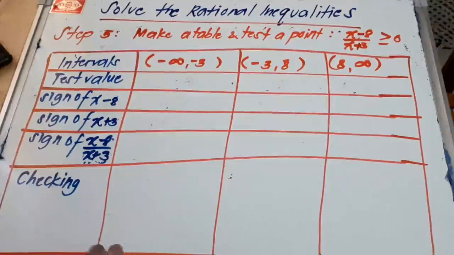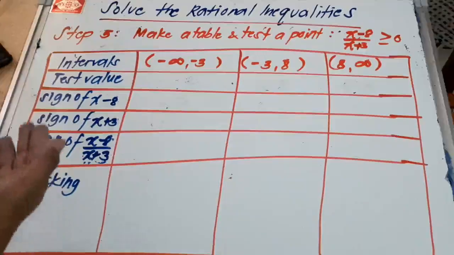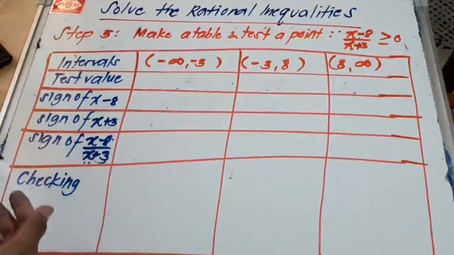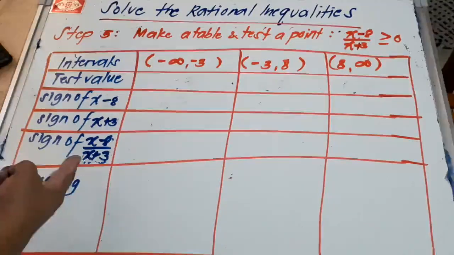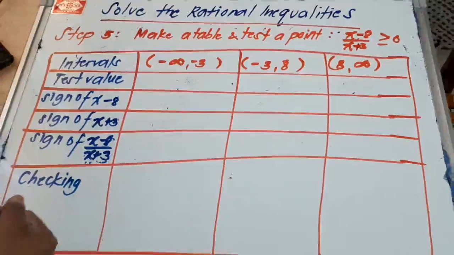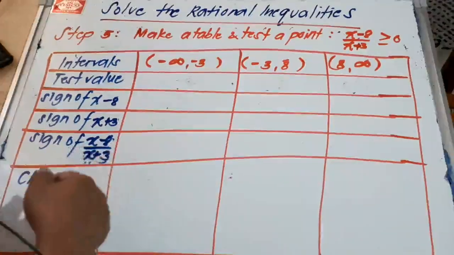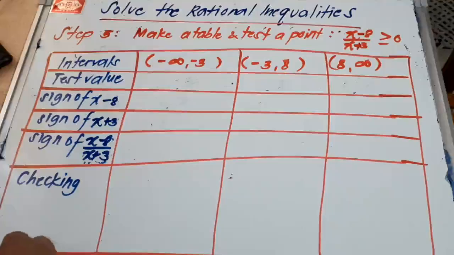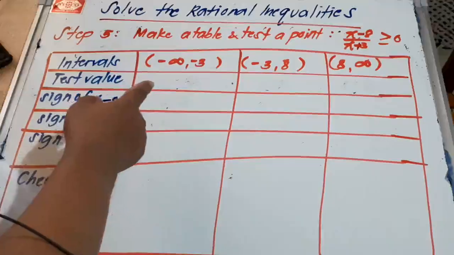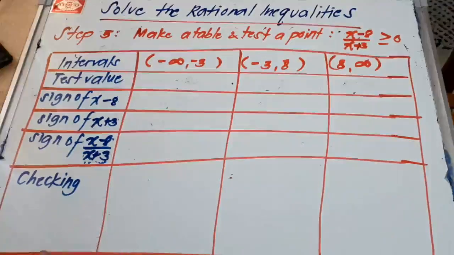Yung table natin consists of the following: intervals, test value, sign of x minus 8, sign of x plus 3, and sign of the quotient, which is x minus 8 over x plus 3, and then the checking. At yung ating first row, mapapansin nyo, naroon yung ating mga intervals. The first interval is negative infinity to negative 3, negative 3 to 8, and 8 to positive infinity.